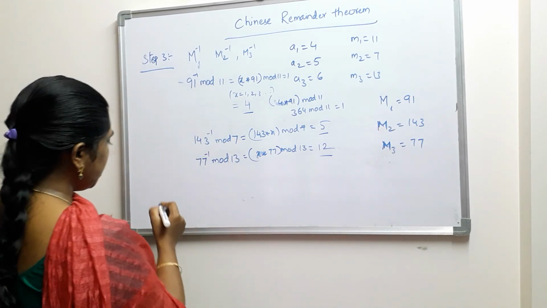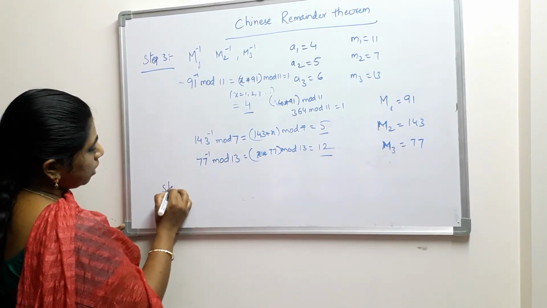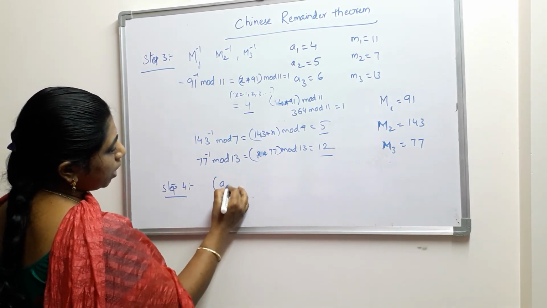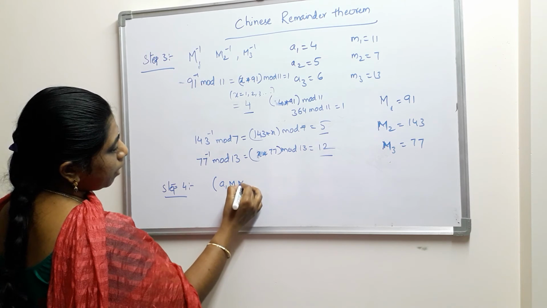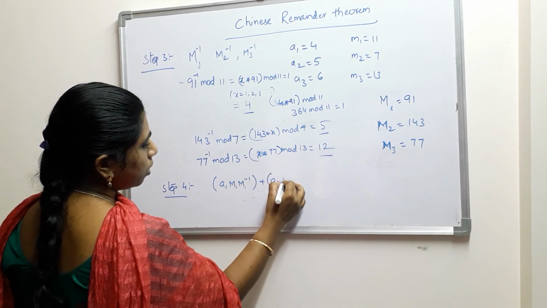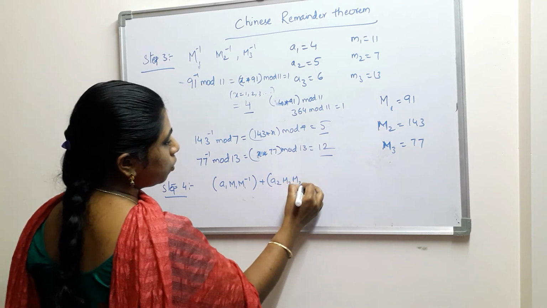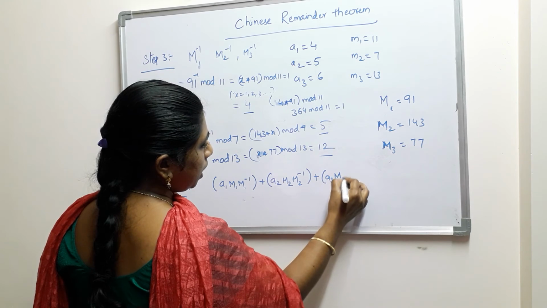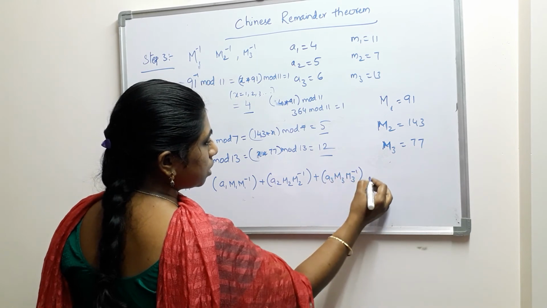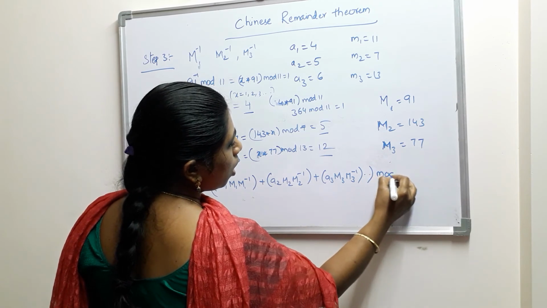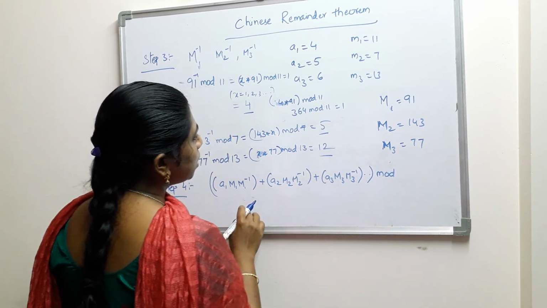Now finally, what is the step 4 value? In step 4, we need to find out A1, M1, M1 inverse plus A2, M2, M2 inverse plus A3, M3, M3 inverse and so on, and the total mod, what is the value that we have got?